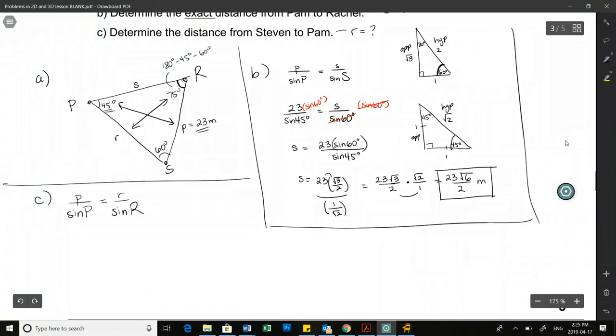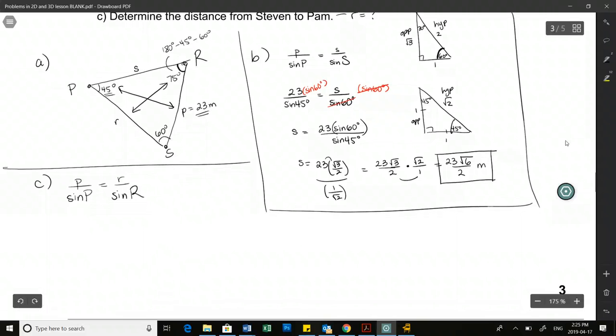So it's always the side and its opposite angle pairing. Side little p and angle p are given in the question, and we found angle r by just subtracting the two other angles from 180. So that should be pretty straightforward.